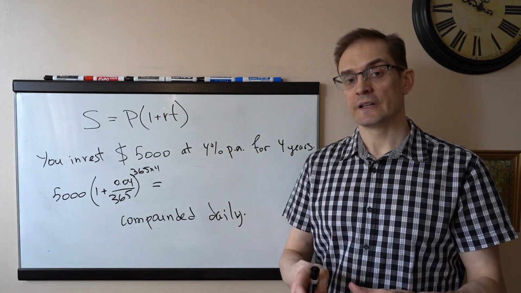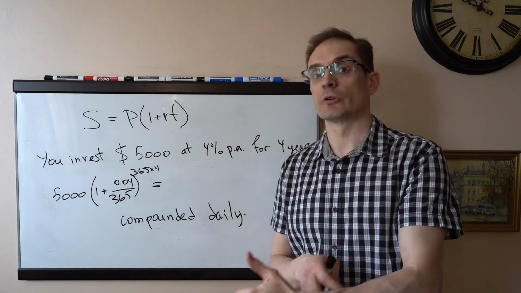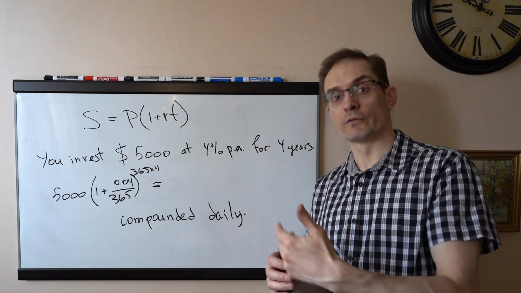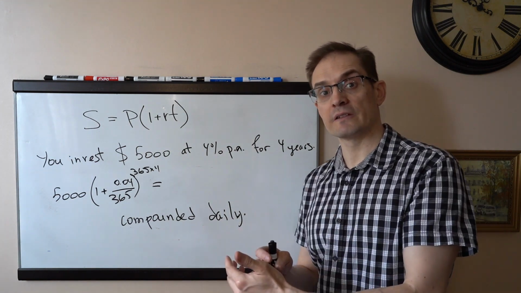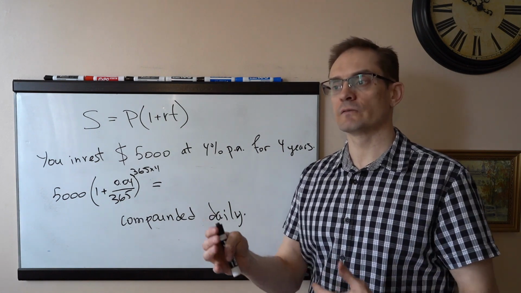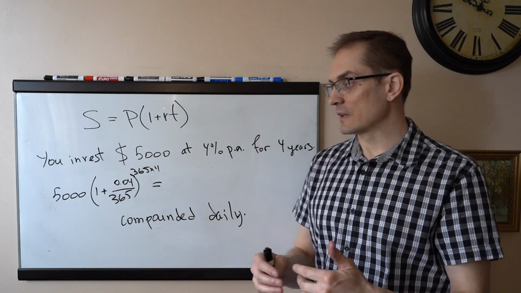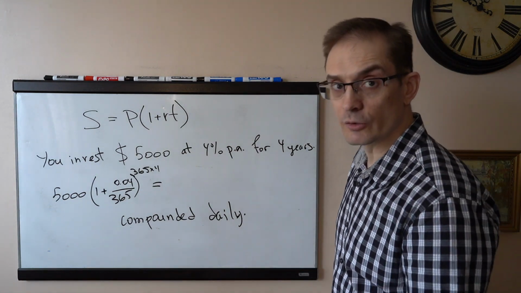Then we realized that if we reinvest more frequently, we can get even more interest. So we kept reinvesting at a more frequent rate. First every 6 months, so every half year, then every quarter, then every month, then every day. And the most interest you can earn is reinvesting every day, so compounded daily.